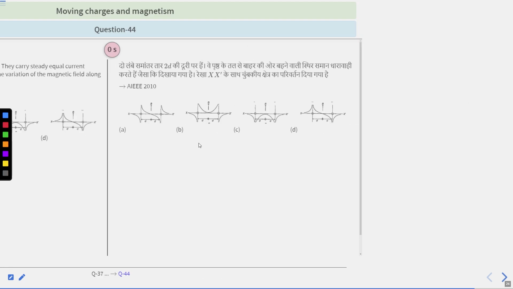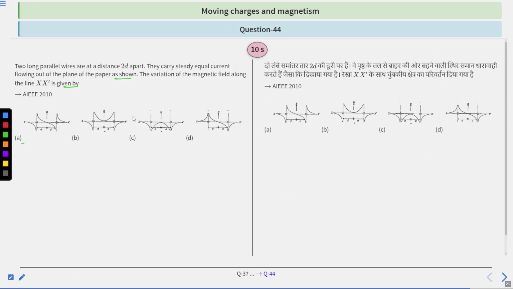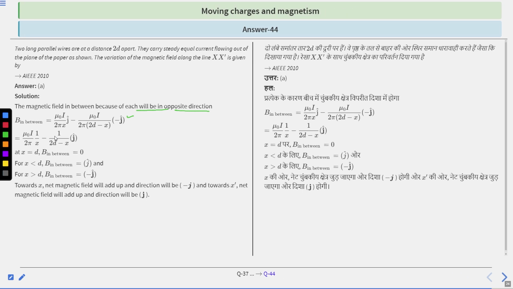Let's find the solution. The magnetic field in between, because of each wire, will be in opposite directions. B in between is equal to mu naught I divided by 2 pi x j cap minus mu naught I divided by 2 pi (2d minus x) j cap. So B equals mu naught I divided by 2 pi, (1 by x minus 1 upon 2d minus x) j cap.